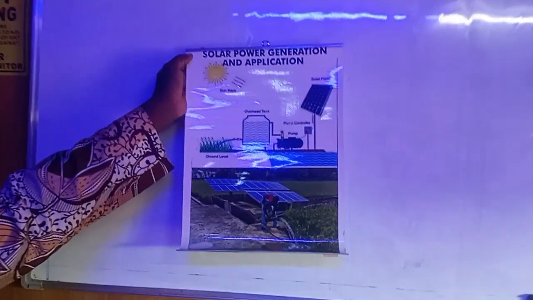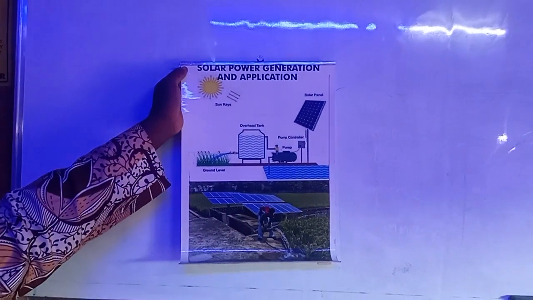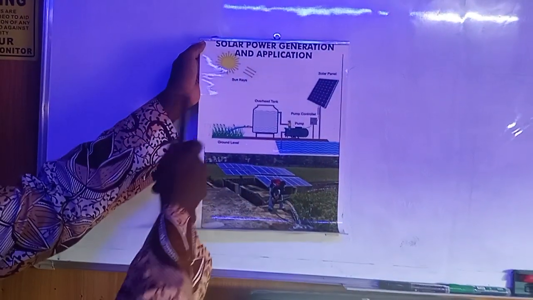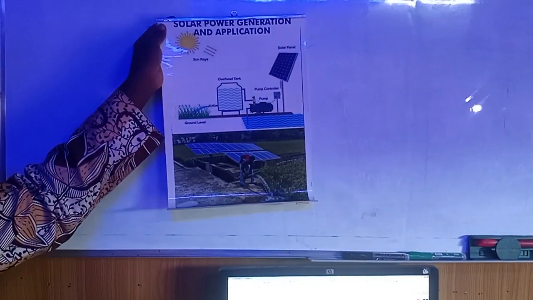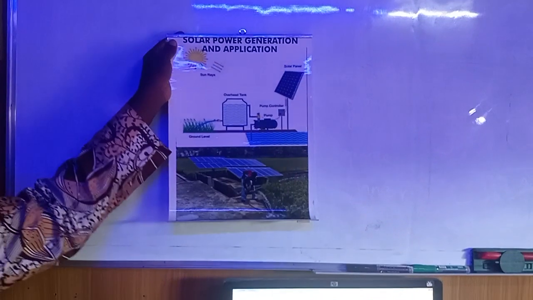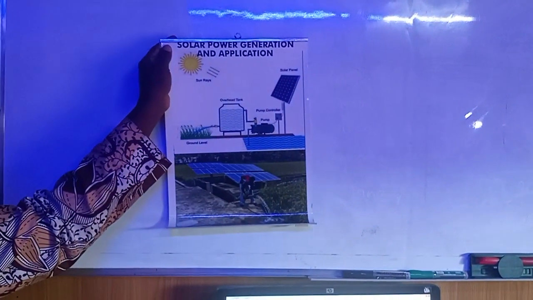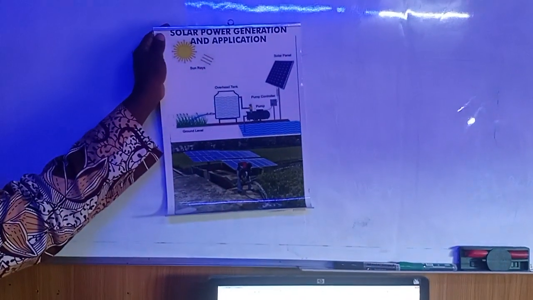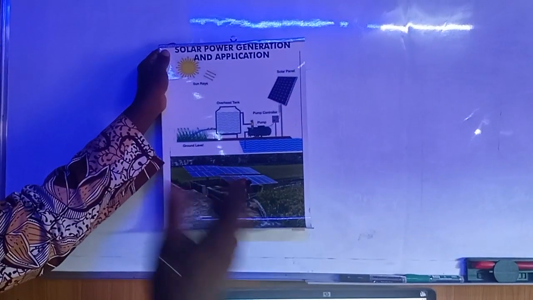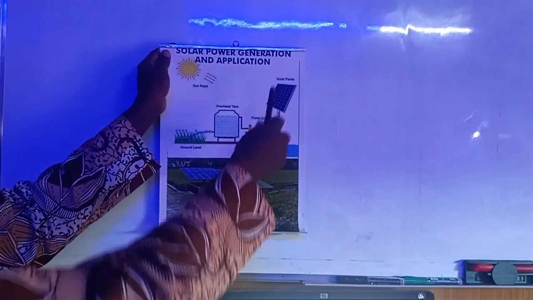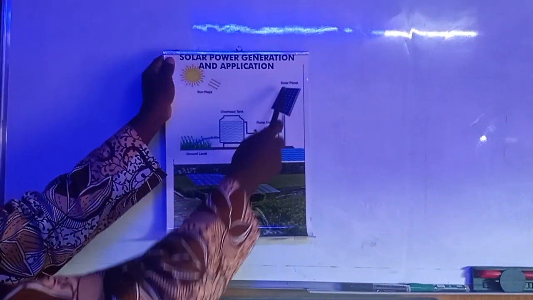This is solar power generation and application. Solar power generation uses the sun, which is given to us free by God, tapped by the solar panel, the solar collector that collects all the rays, the energy, and passes it to the pump controller.